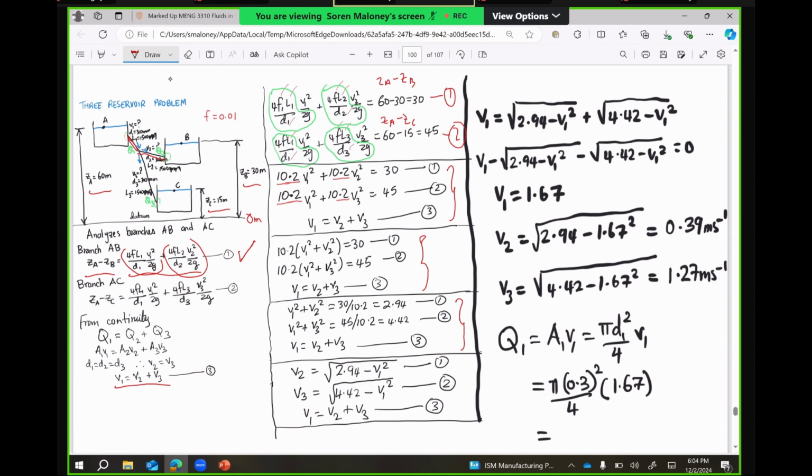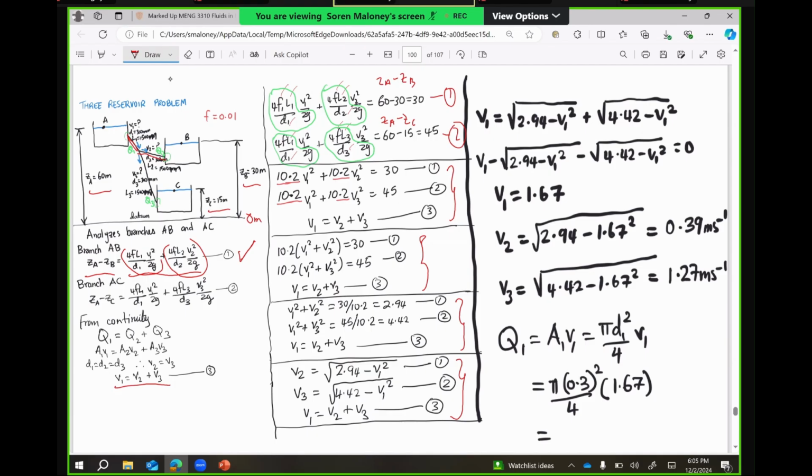So I end up with an equation with V2 equal to 2.94 minus V. So I get an expression for each one of my velocities in terms of V1.